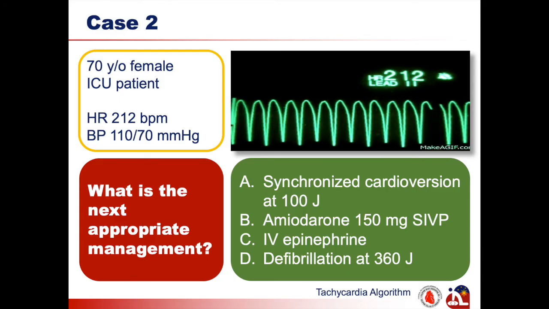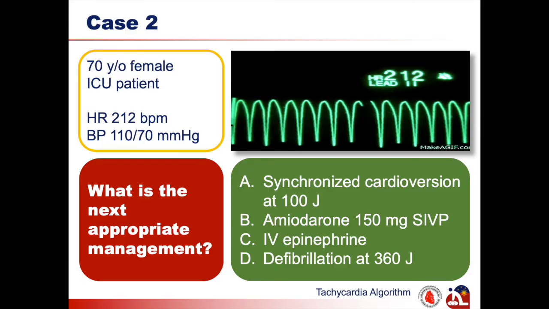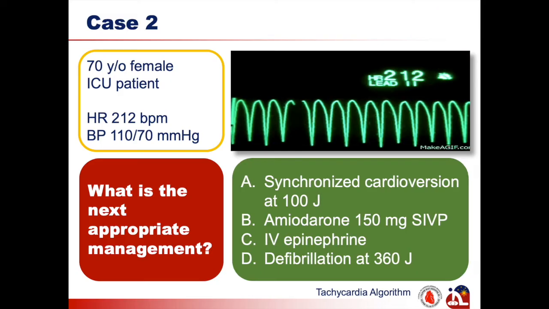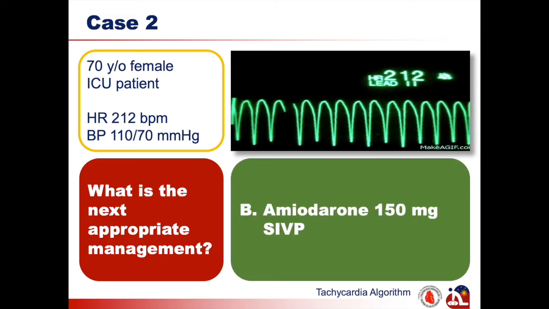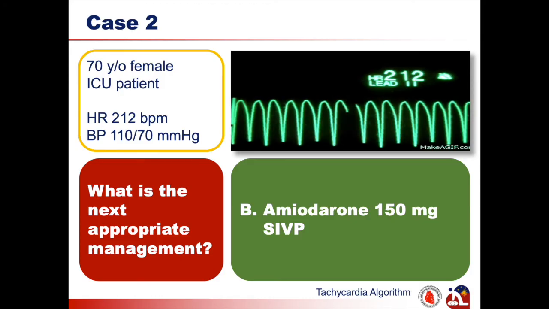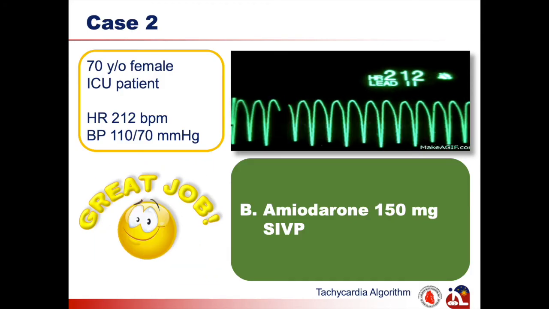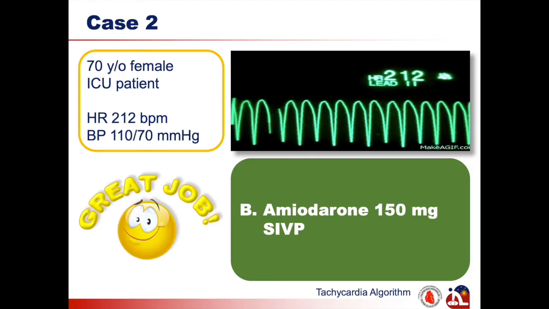Or D. Defibrillate at 360 joules. If you answered B, IV amiodarone 150 mg slow IV push, you are correct. Good job. Since the patient has become stable, then you can opt for drug therapy.